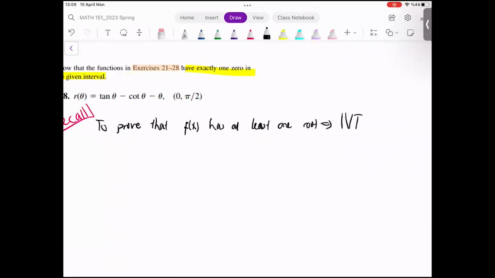We will use the intermediate value theorem, and to prove that a given function has exactly, not at least, but exactly one root, you need to use the content of this week, which is Rolle's theorem. Okay, so you need to remember this too. Exactly one root is proved by using Rolle's theorem. At least one root is proved by using the intermediate value theorem.